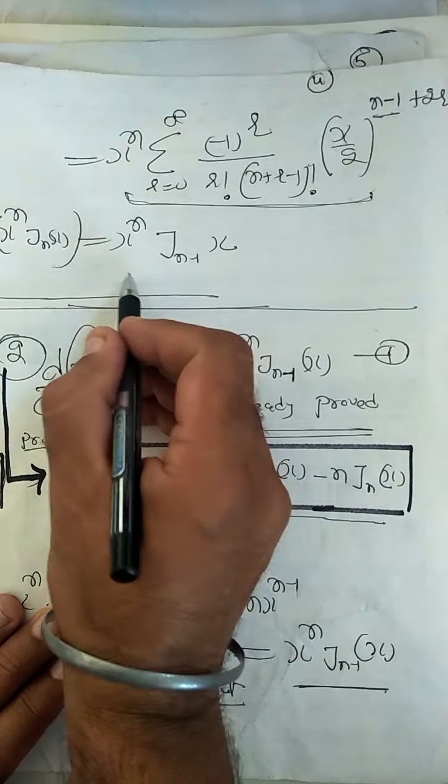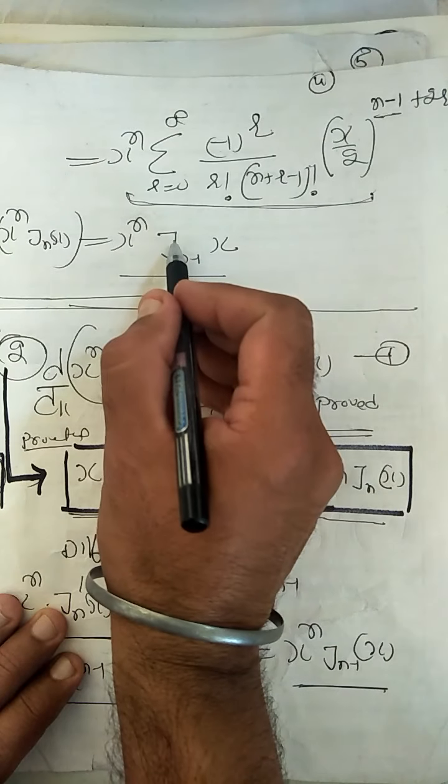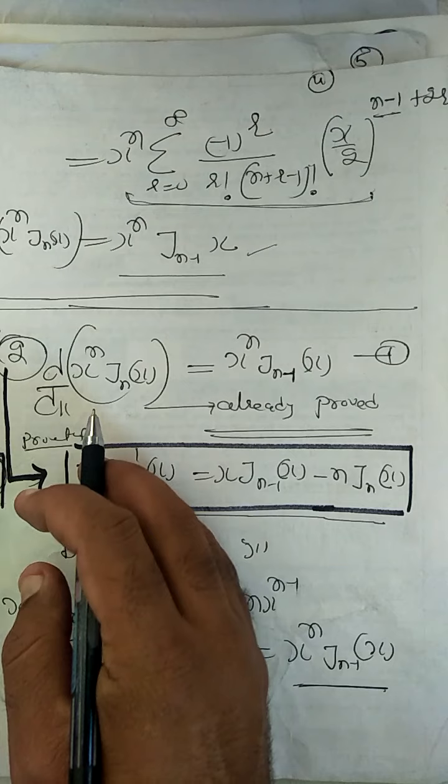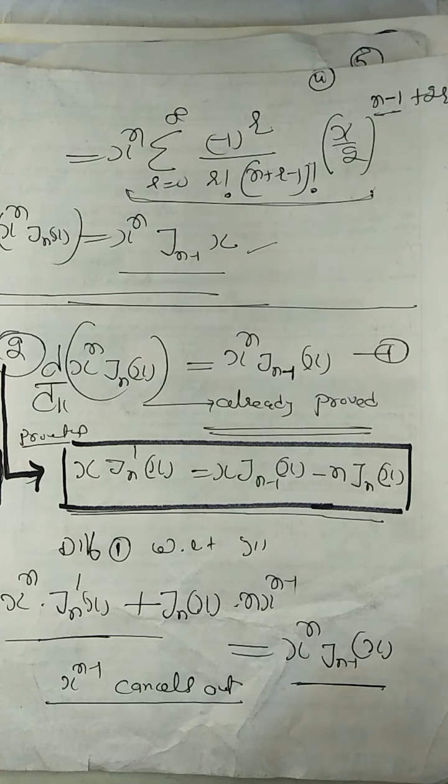Therefore this expression is just J n minus 1 (x). This is the proof of our first recurrence relation, which is very important for the exam. Basically there are 6 recurrence relations; only 2 are basic results and the other 4 we can derive from these 2 basic relations.